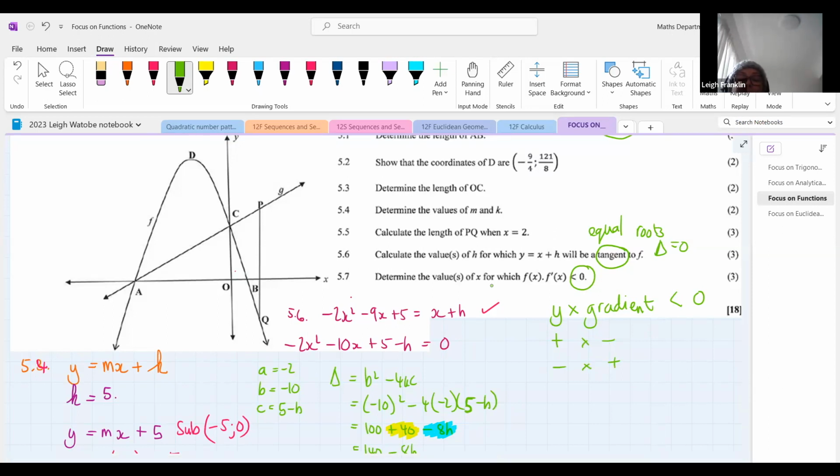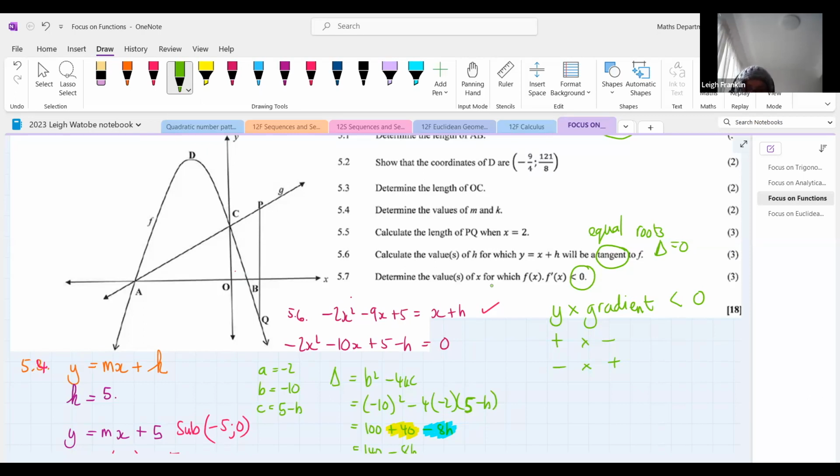Y is negative below the x-axis. Gradient is positive when we're walking uphill, and it's negative when we're walking downhill. So in other words, we either want to be above the x-axis walking downhill or below the x-axis walking uphill. Does that make sense to everybody?